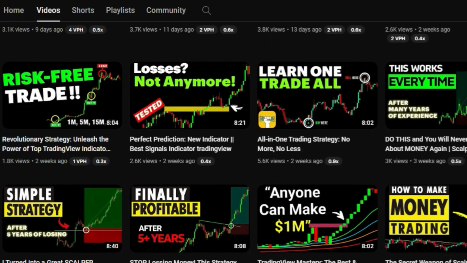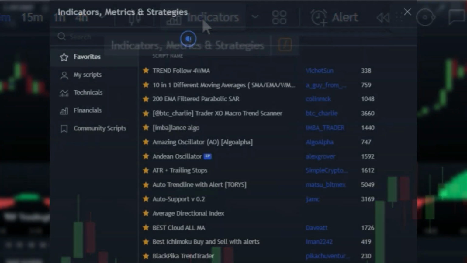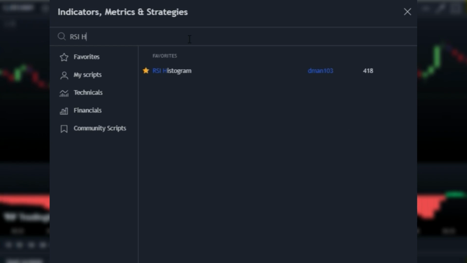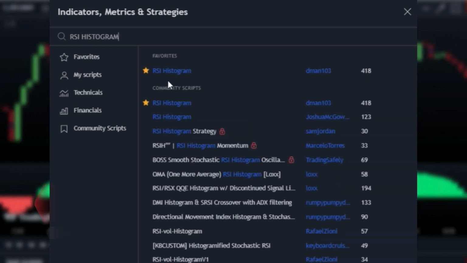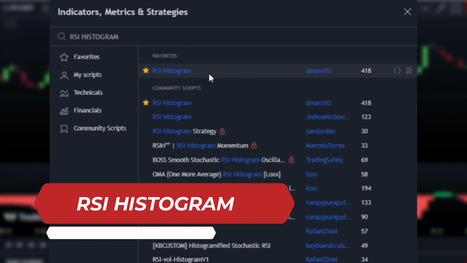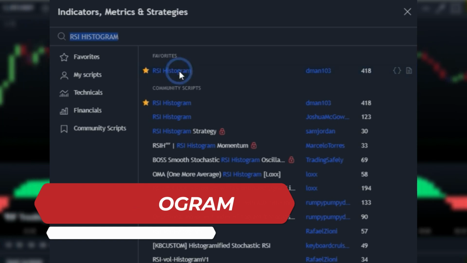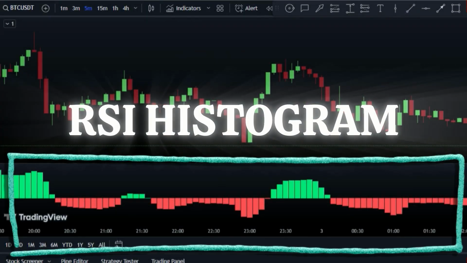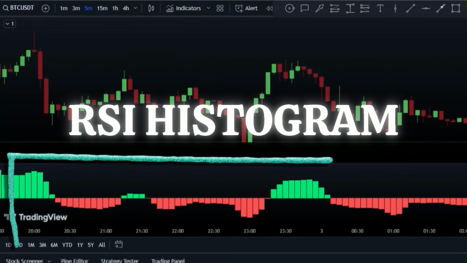We're now ready to introduce the second indicator in our strategy, the RSI histogram. After adding it, we'll need to make a few tweaks to optimize its performance within our approach.